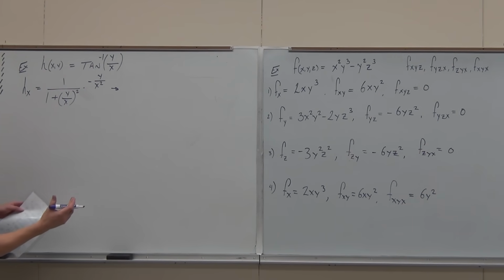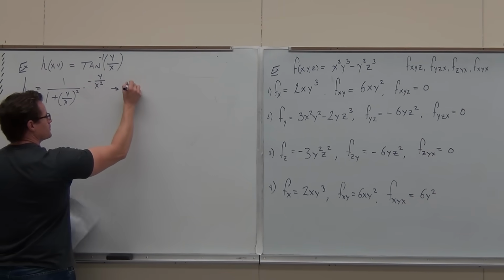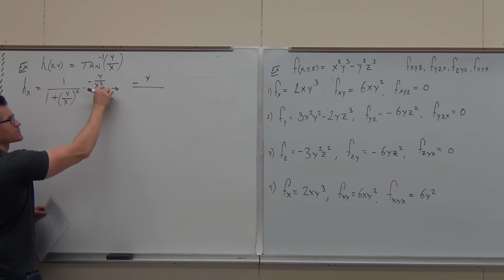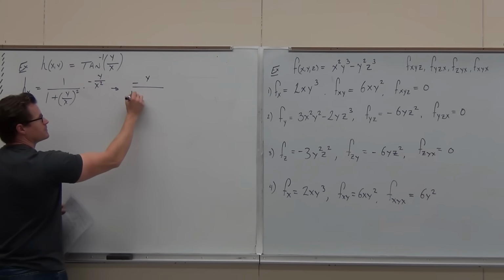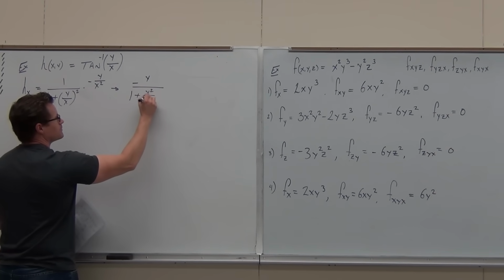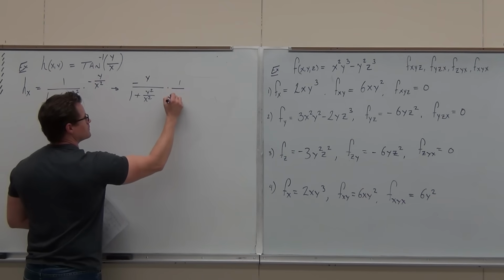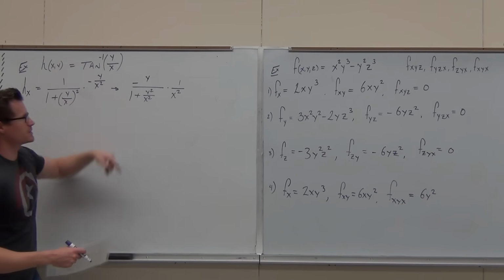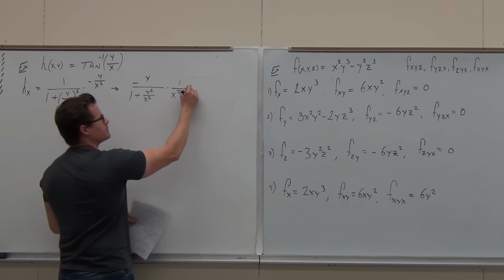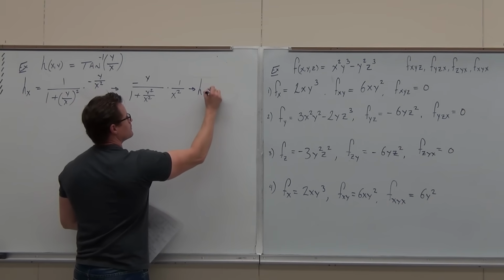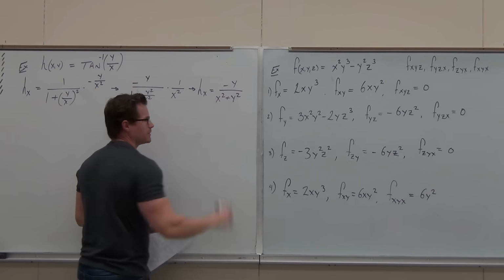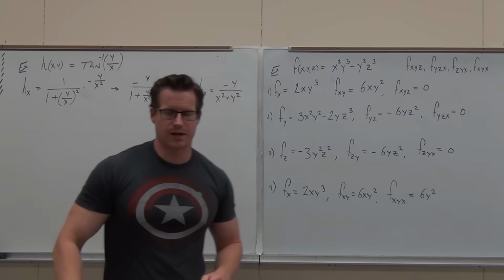If I want to make it a little nicer, I'd hold that x squared to the denominator. Perfectly legal. Take that numerator, take this denominator, and I would distribute it. That right there is the first partial derivative of h with respect to x.